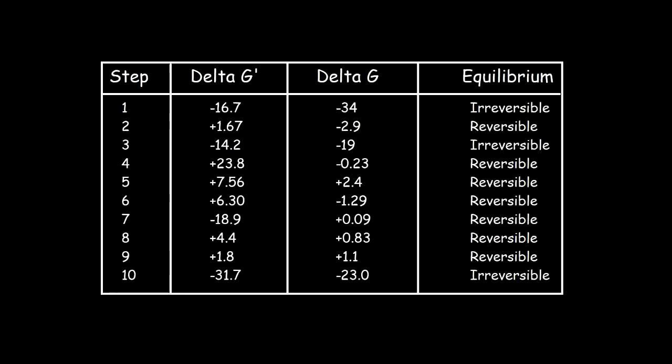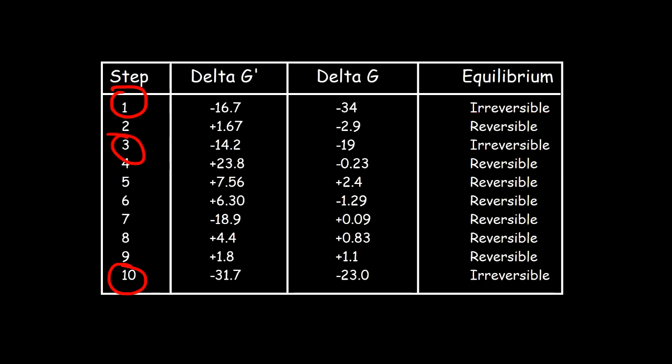Now, let's talk about the reversibility of the reactions in glycolysis. For those of you who just want to know which steps are irreversible, for those of you who prefer memorization, steps 1, 3, and 10 are irreversible. The rest are reversible. So if you know that, you don't have to go any further.